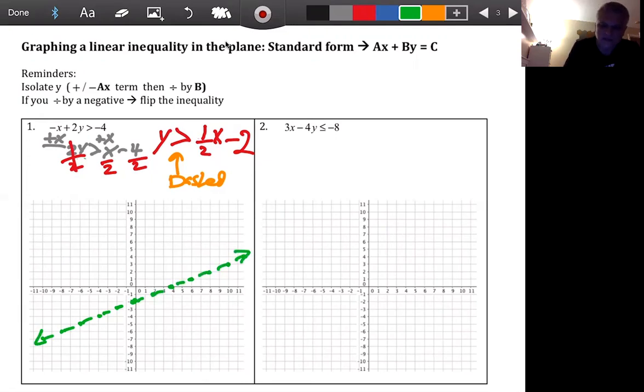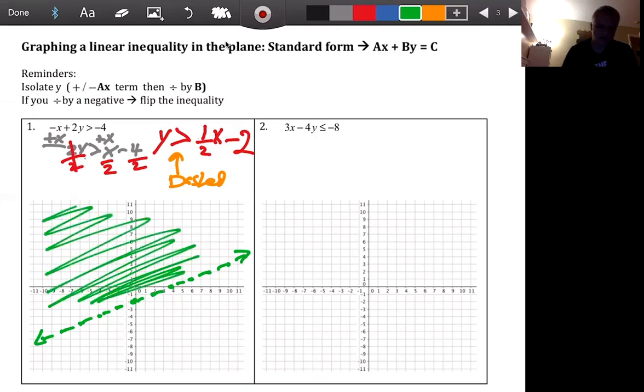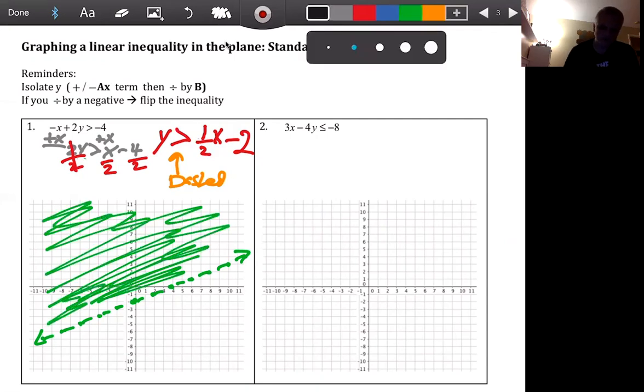And then the last thing you need to do is make sure that you shade correctly. So the shading, because it's greater than, is above. So we're looking at this region right here.